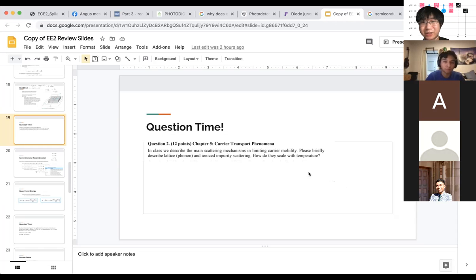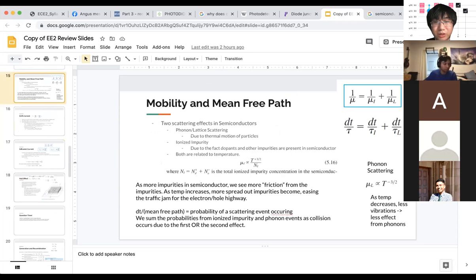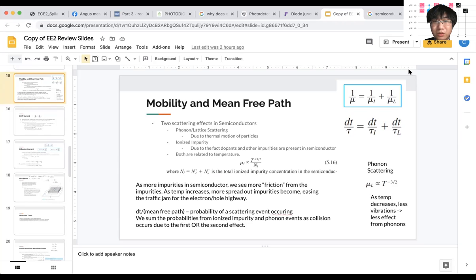Yeah, that's correct. So lattice scattering, as Alexander said, is the scattering from vibrations of the lattice, phonons, and ionized impurity scattering is from the doping ions. Phonon scattering is due to the thermal motion of particles, related to temperature.